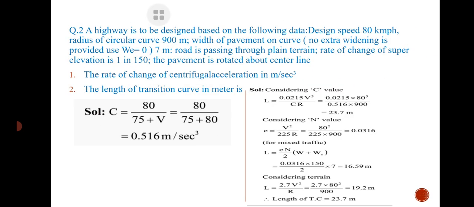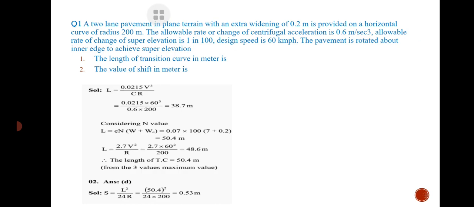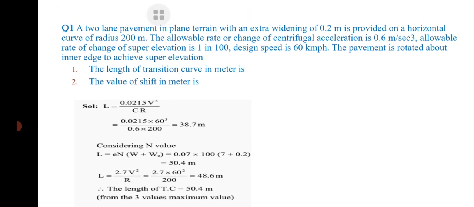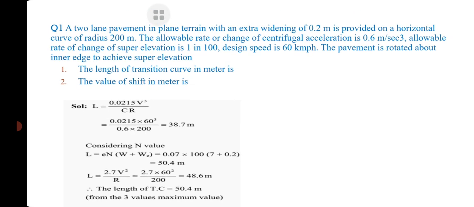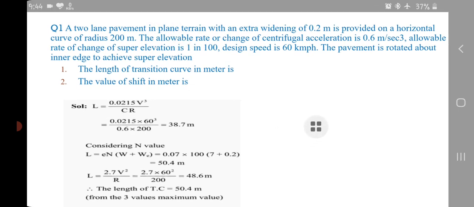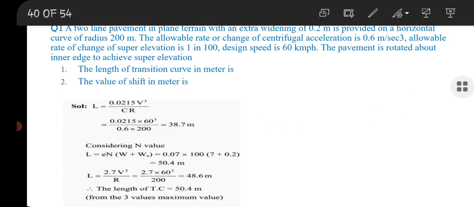Okay, next coming to this question for design of transition curve. Here is a question, design of transition curve. The question is, a 2-lane pavement in a plain terrain with an extra widening of 0.2 meter, that means We given 0.2 meter, is provided on a horizontal curve of radius 200 meter.